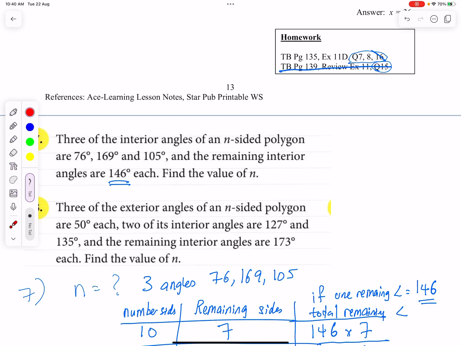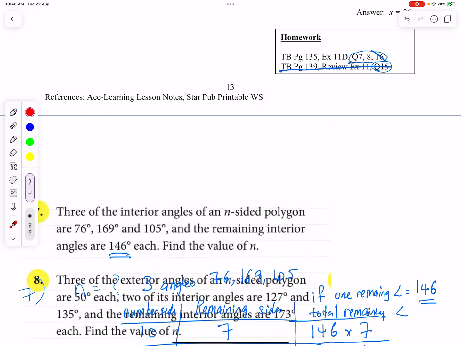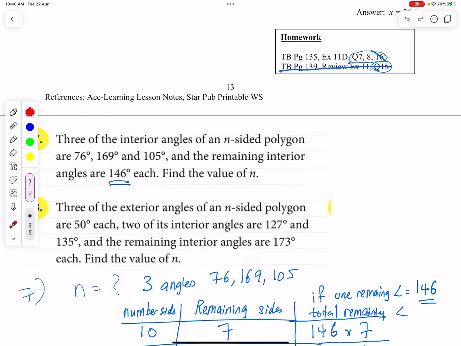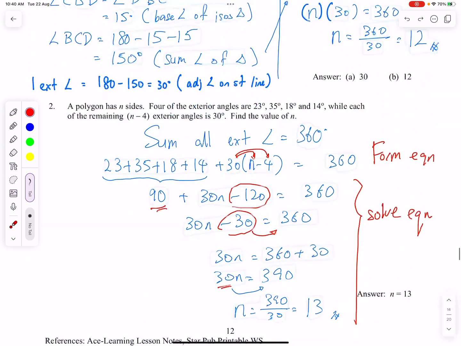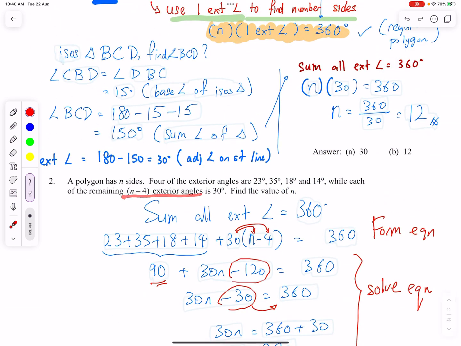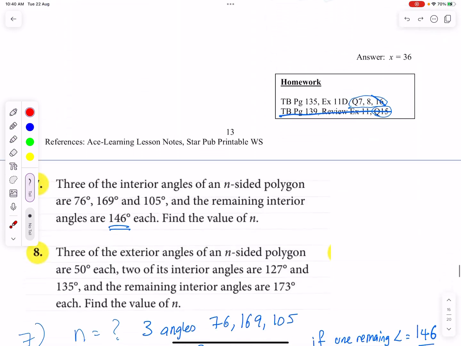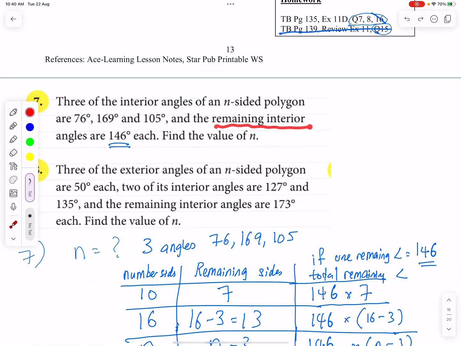And the remaining angle is 146. But earlier on, if I look at the earlier notes question, they did tell us, oh, the remaining n minus 2 sides, the remaining n minus 4 sides. But what if in this question they never tell? They just say remaining sides, but they never say how many sides there are. So how do I actually navigate around this?